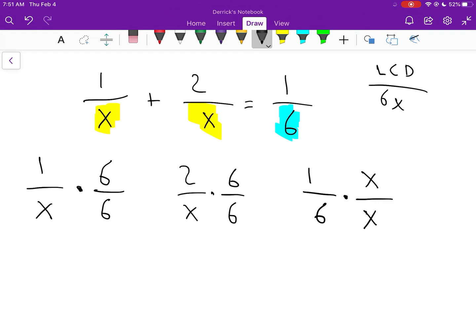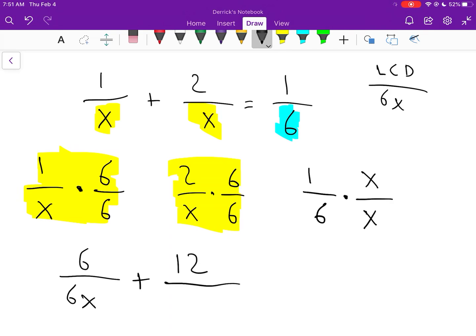So for my first fraction, 1 times 6 is 6, x times 6 is 6x, like we said. We then add whatever we get from the second multiplication: 2 times 6 is 12, x times 6 is 6x. That is equal to whatever we get from our third multiplication: 1 times x is x, and 6 times x is 6x.